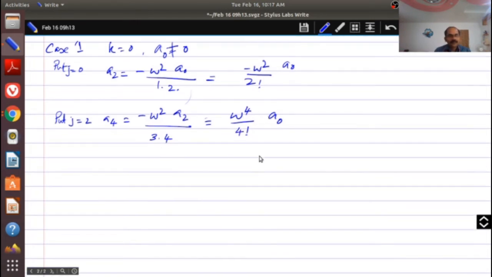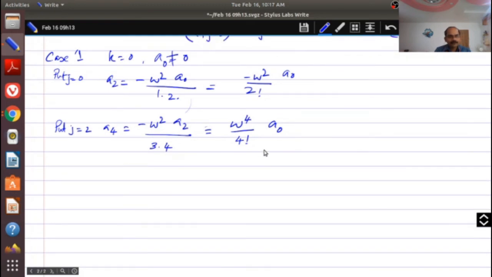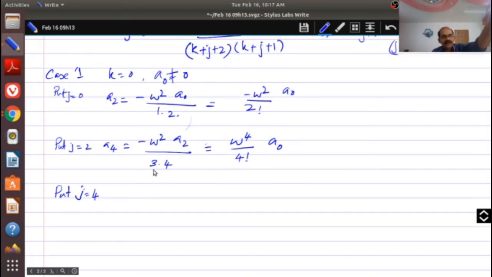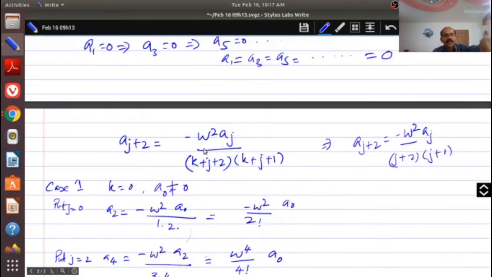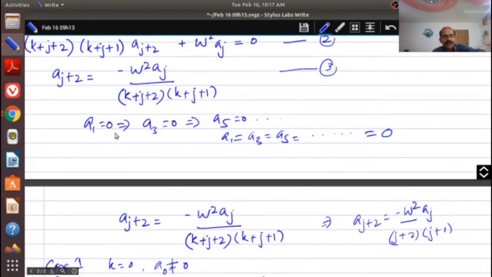And obviously put one more term. This is enough actually. What will be the general term? Okay, put j equal to 4. What happens when j equal to 3? j equal to 3 we have already seen. All odd coefficients are 0.